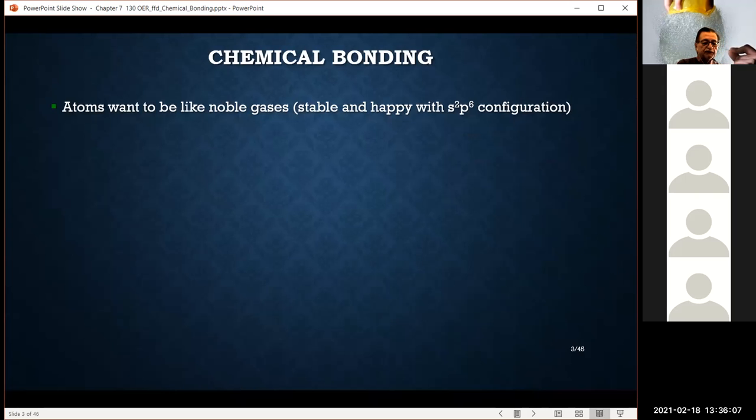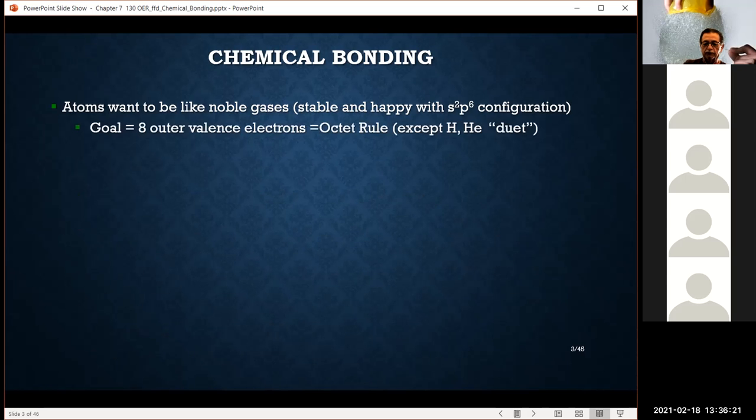So you'll always find hydrogen bonded. We're going to use quite a bit of hydrogen, but there's only going to be one bond to it, because its rule is a duet, not the octet. Everybody else has an octet rule. So the ultimate goal is to get 8 valence electrons, except for hydrogen and helium, obviously.